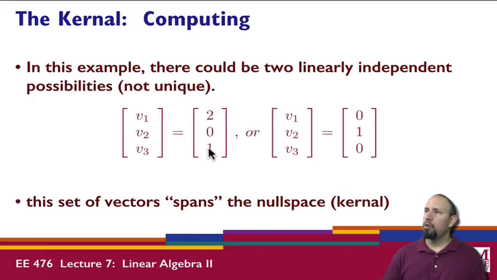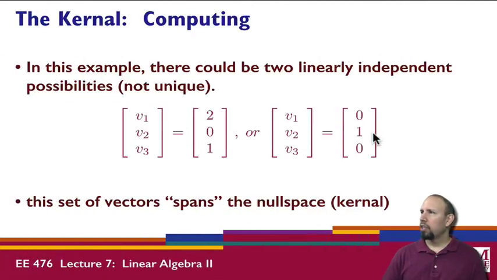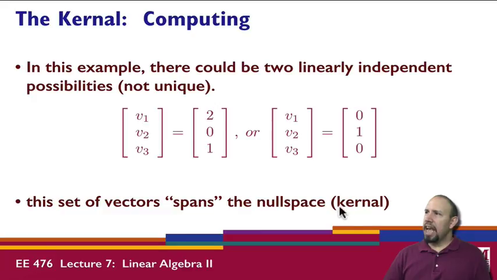Or I can choose v3 to be 0 and v2 to be 1, in which case I get this. So these two are clearly linearly independent. And so as a result, this set of vectors spans the null space, or the kernel, of that matrix A. Any element in the null space of A can be written as a linear combination of these 2 vectors.